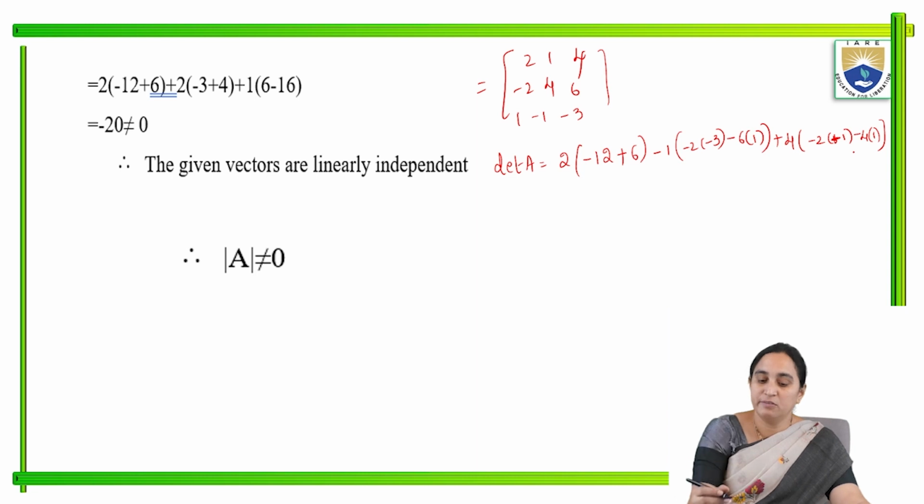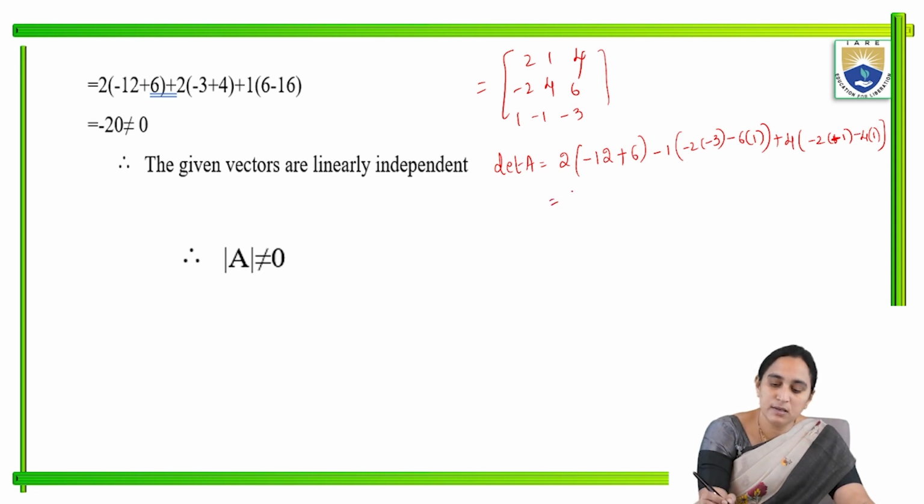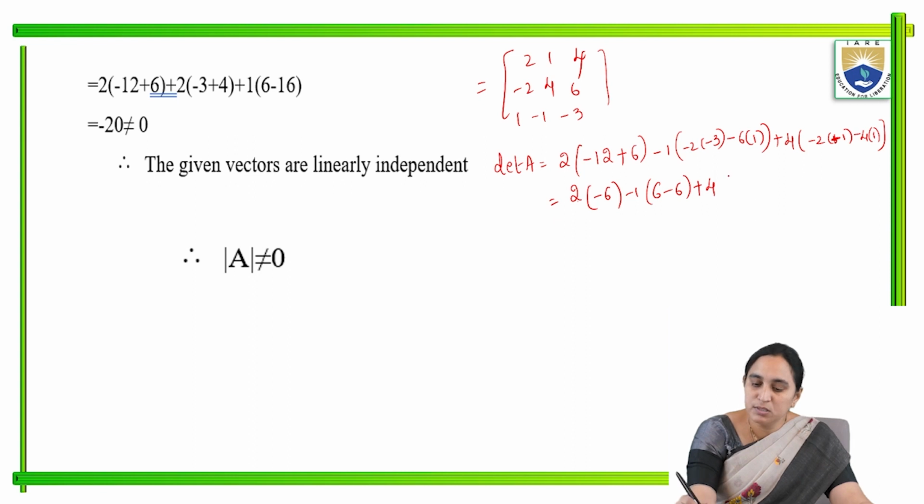Here 2 into, after subtracting, minus 12 plus 6, that is minus 6, and minus 1 into plus 6 and minus 6 plus 4 into, this is 2 minus 4.